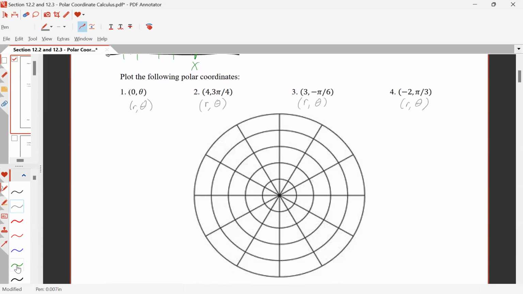If the radius is 0, we have not gone anywhere from the origin. So the origin is the point 0, any angle, which we call the pole in polar coordinates. So instead of calling it the origin, this is known as the pole.